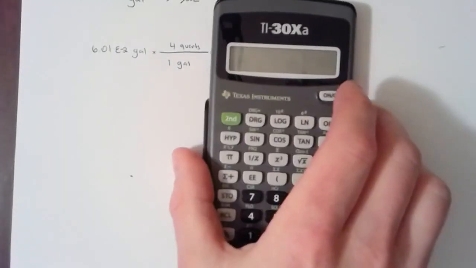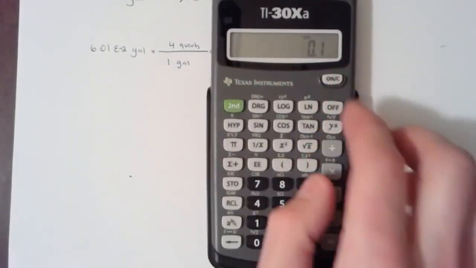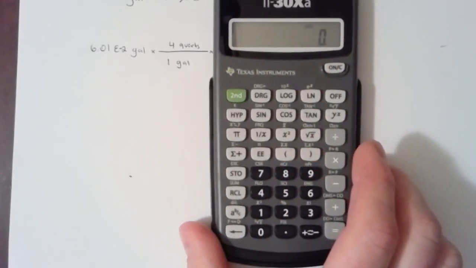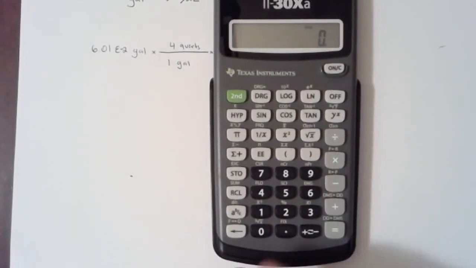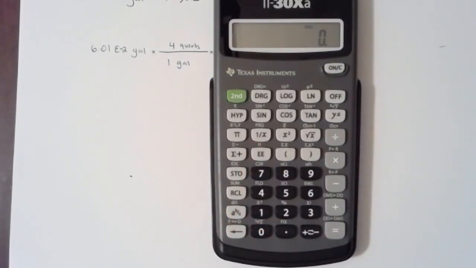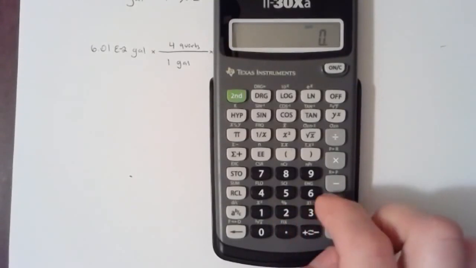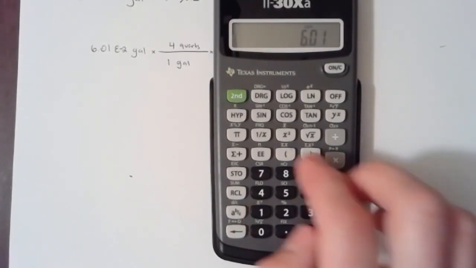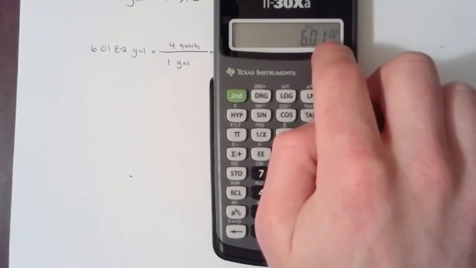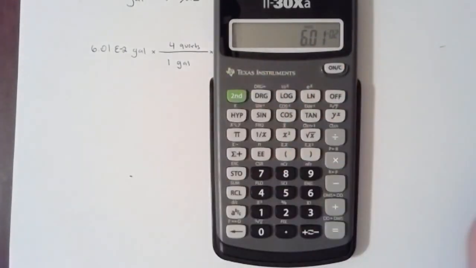Fourth model. Okay, very similar, not as fancy as the TI-36, but we still have this EE button. Okay, so 6.01 E negative 2. Notice how my exponent shows up right here instead of in the line with the problem.